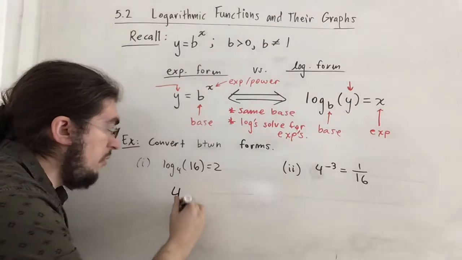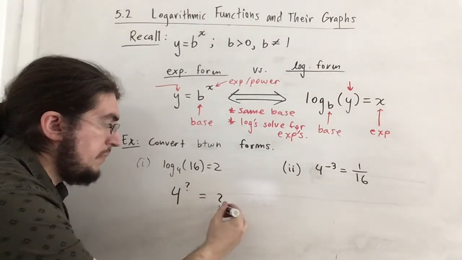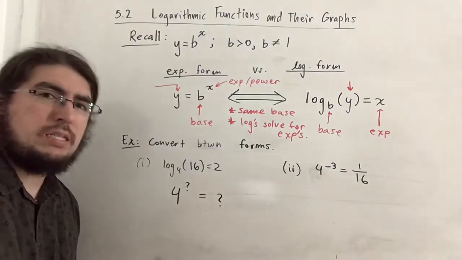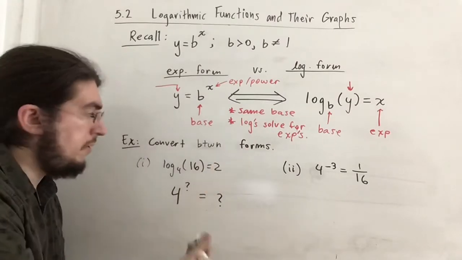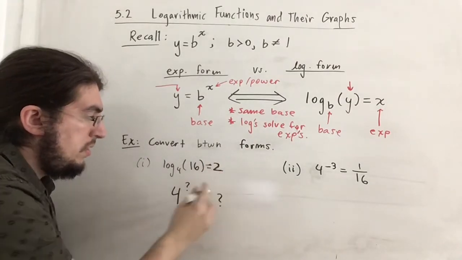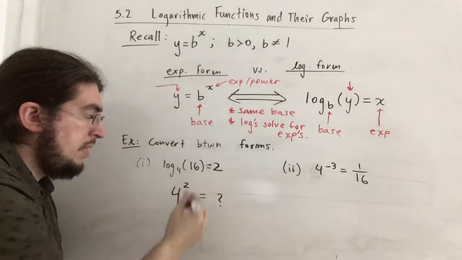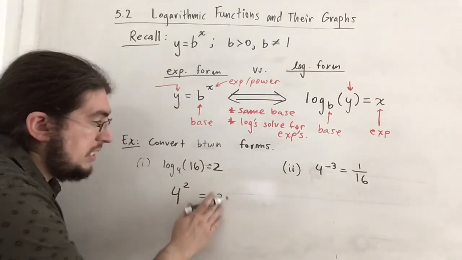So the base is 4. So it's going to be 4 to the something equals something else. Now what's the power? Remember, logs solve for the exponents or the powers. Since this log is equal to 2, then the power must be 2. What does that mean about the other number? It must be the other one we haven't used yet, which is 16.